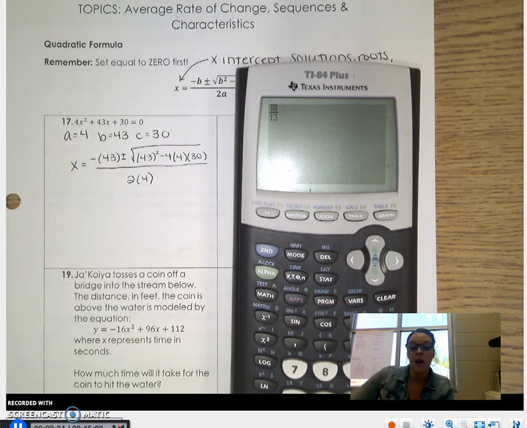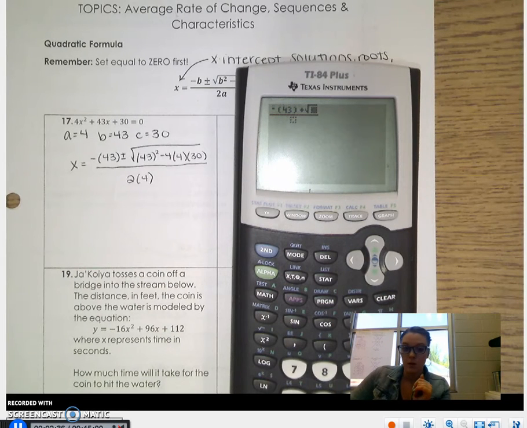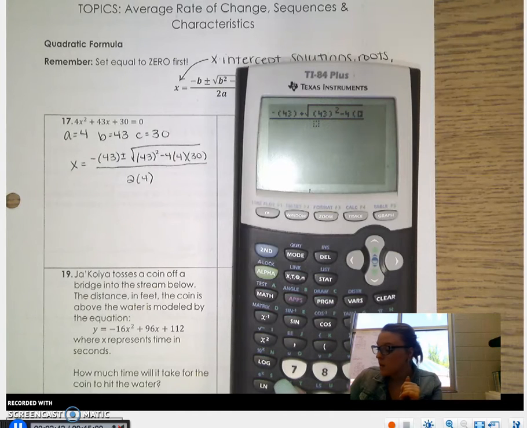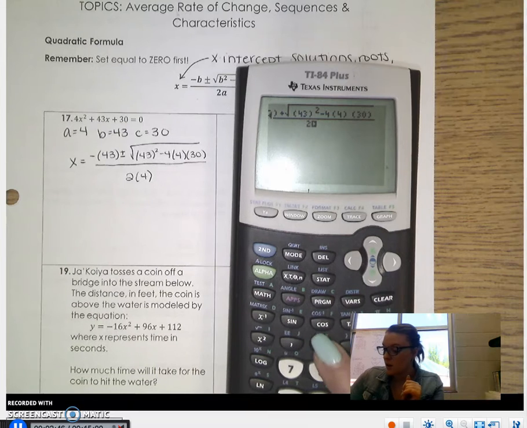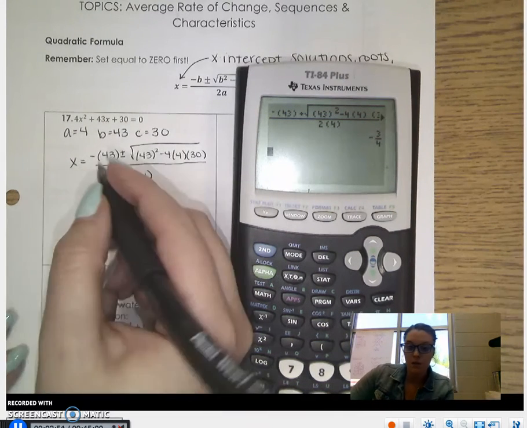Again, you will not have my poster when you're doing this on the EOC, so make sure you memorize those calculator tips and tricks. So we have negative 43 plus the square root of 43 squared minus 4 times 4 times 30, all over 2 times 4, and I get negative 3/4.